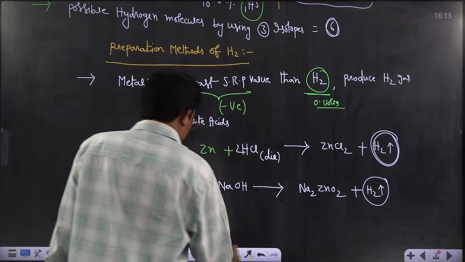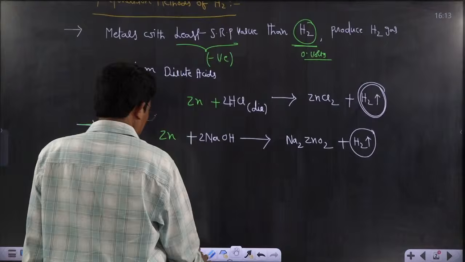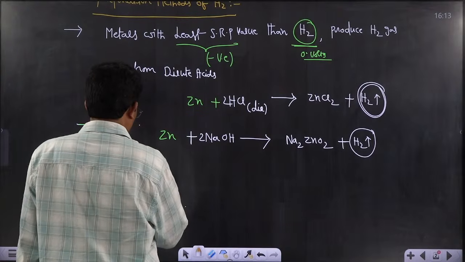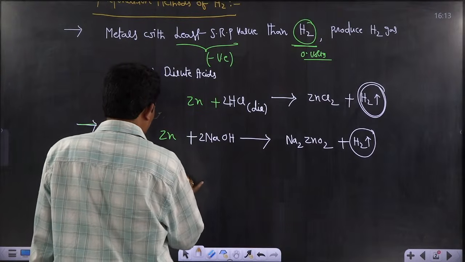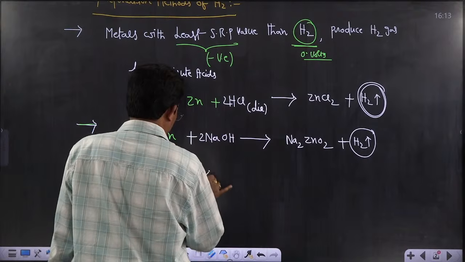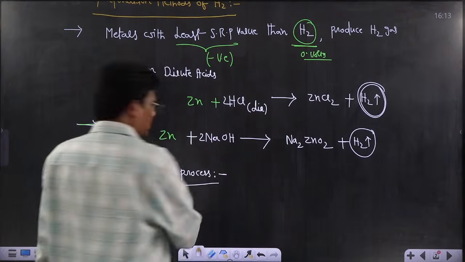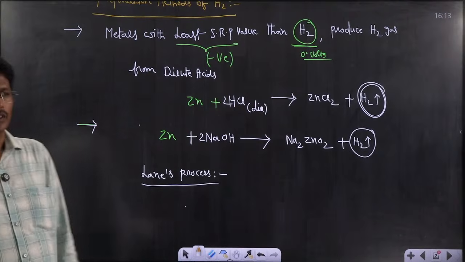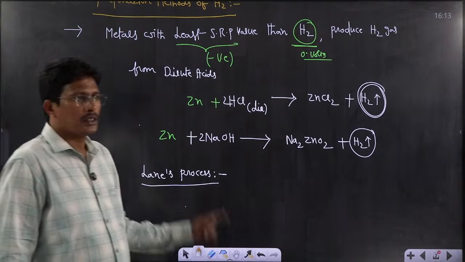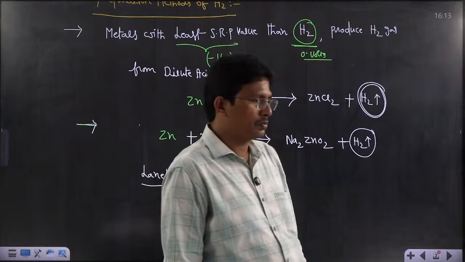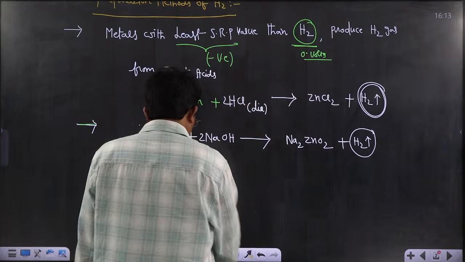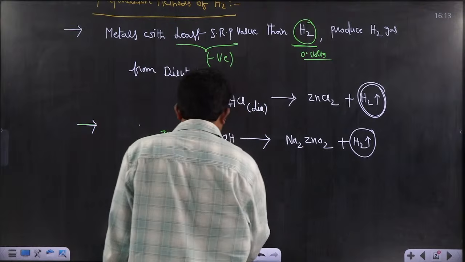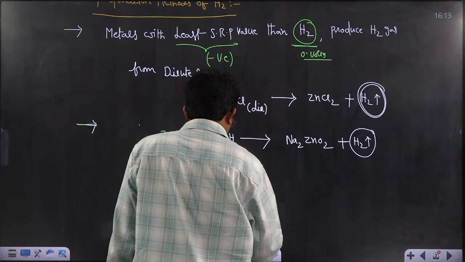One more industrial method is there, the Lane process. In this process, steam is passed through iron metal. Steam is nothing but water vapor.